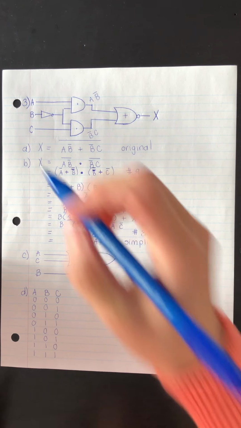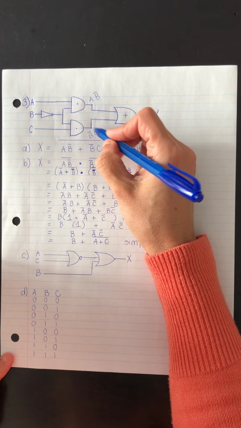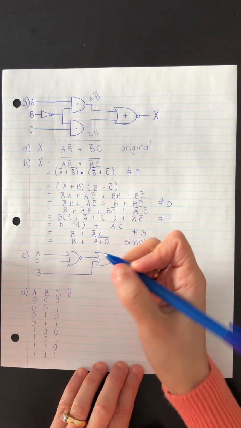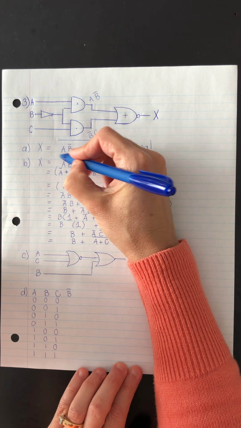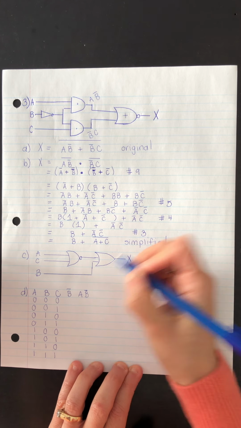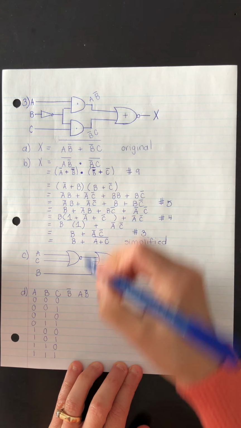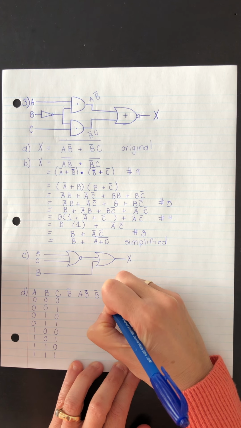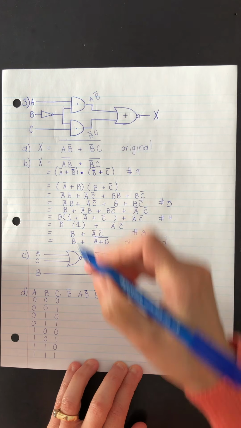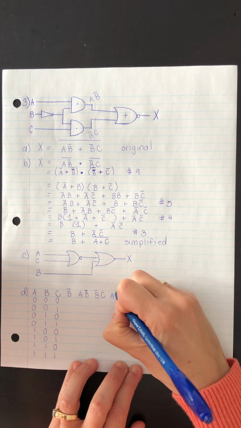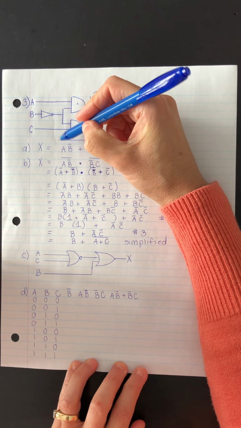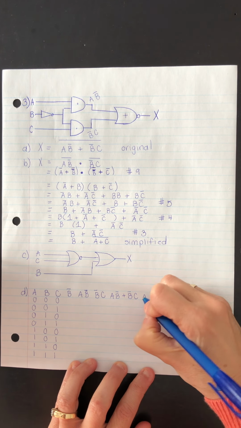So I'd like to set up this original right here. I'm going to do that by putting in a column for B naught. Then I'm going to put in a column for A times B naught, and a column for B naught times C. Then I'm going to have a column for that sum. And then finally, for the inverted sum.